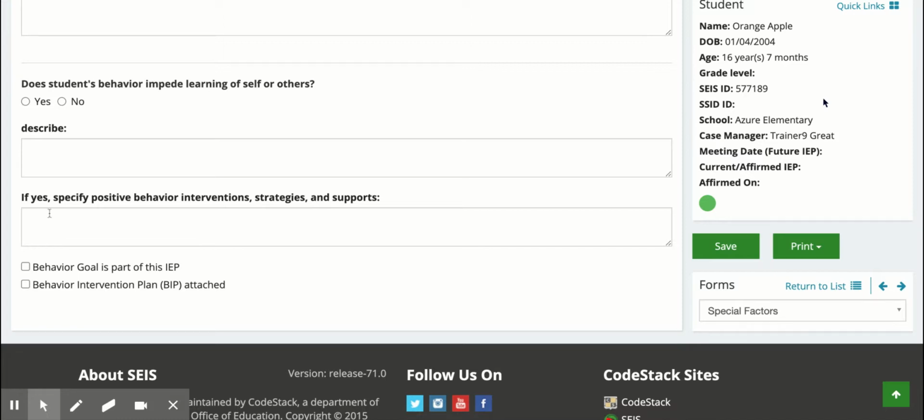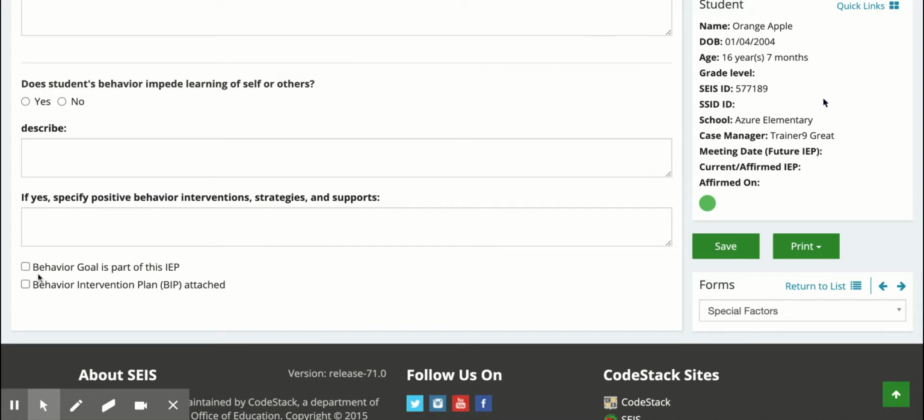Also, if yes, specify positive behavior interventions, strategies, and supports the student requires or is being given. Perhaps they have a behavior support plan or a behavior goal or a contract. All of these can be a positive behavior intervention, strategies, and support.